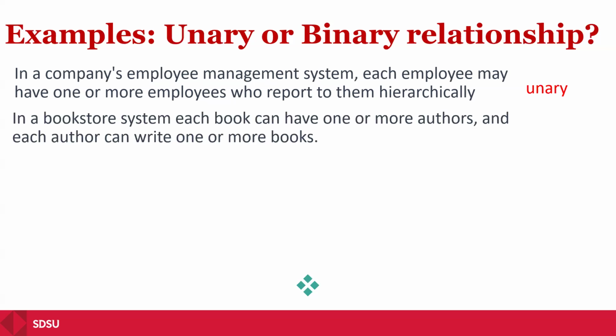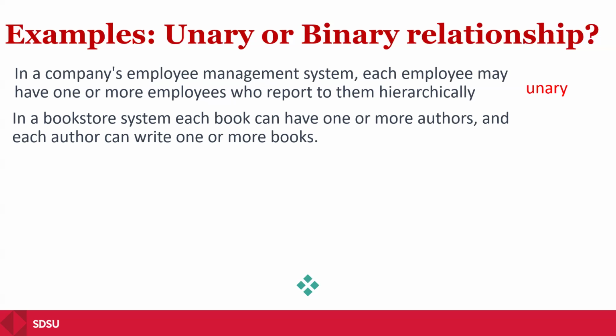Another example, in a bookstore system, each book can have one or more authors, and each author can write one or more books. So how many entities participate in this relationship? Right, we have books and authors.